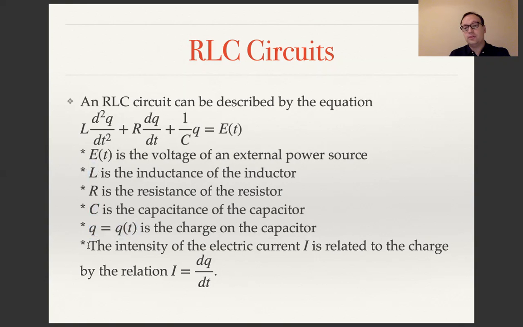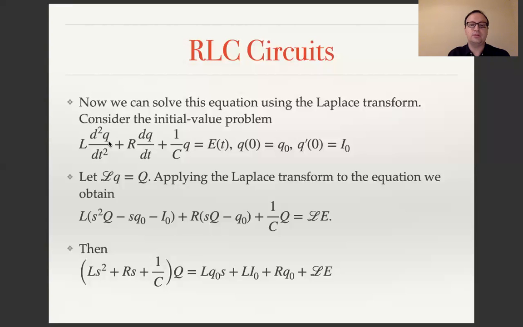We are usually more interested in finding out the electric current, the intensity of the current going through the circuit, and that is related to the charge by the relation I is equal to dq over dt. So the intensity of the current is equal to the derivative of the charge. Now let's solve this equation by means of the Laplace transform.